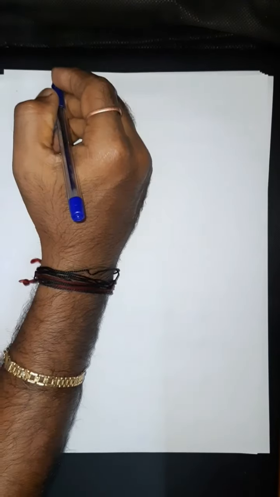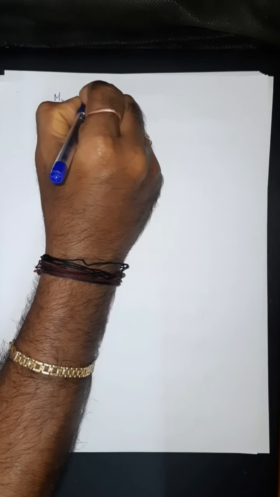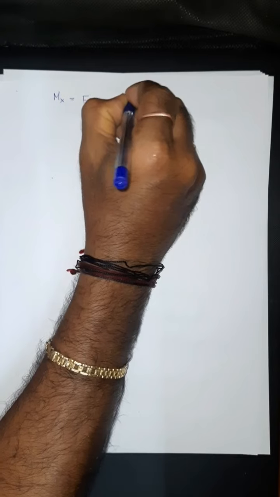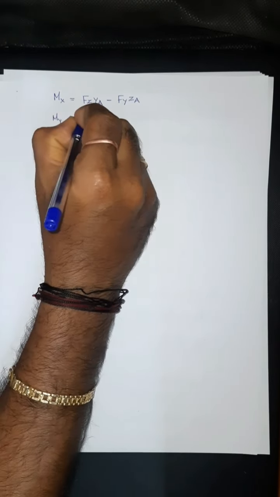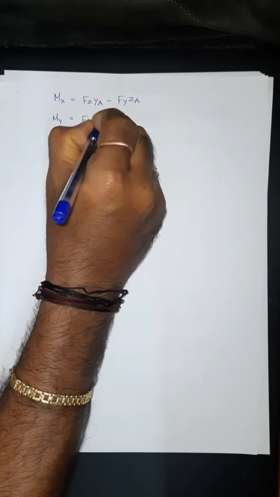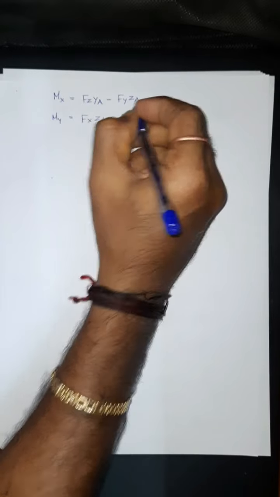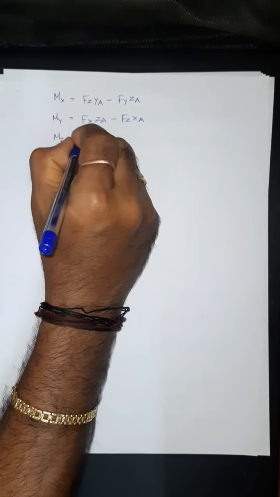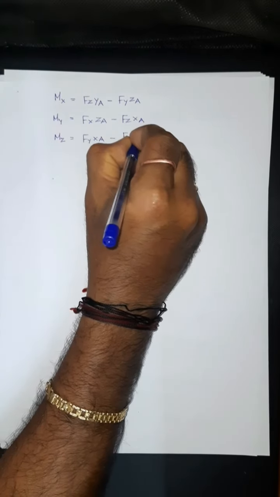So we'll get moment about x direction equal to Fz·ya minus Fy·za. Similarly, moment about y direction can be written as Fx·za minus Fz·xa. So moment about z direction can be written as Fy·xa minus Fx·ya.